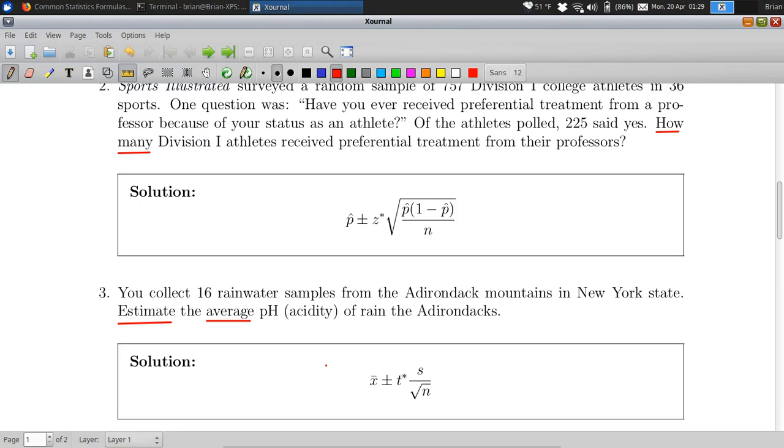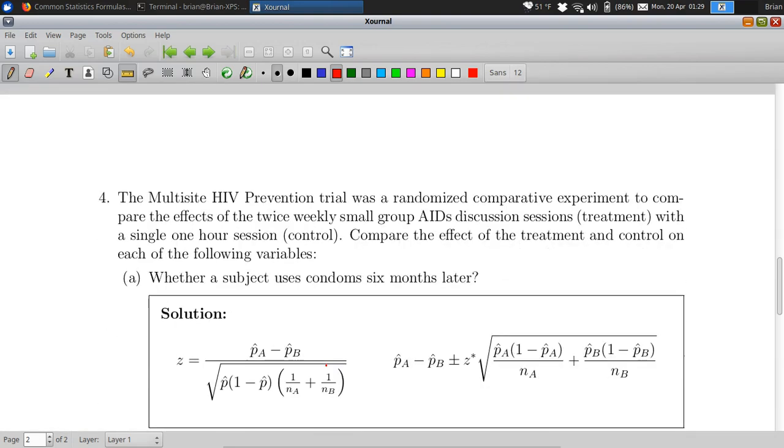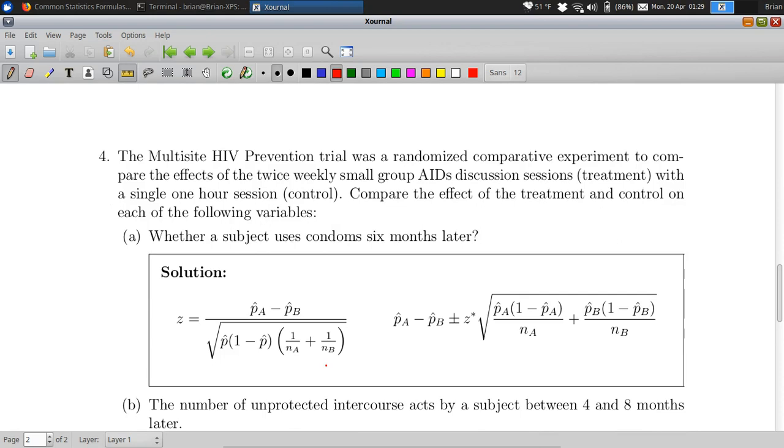Okay, moving on. The next example is about a multi-site HIV prevention trial with a randomized comparative experiment to compare the effects of twice weekly small group AIDS discussion sessions with a single 1 hour session.